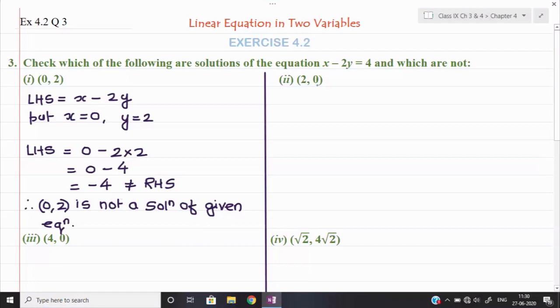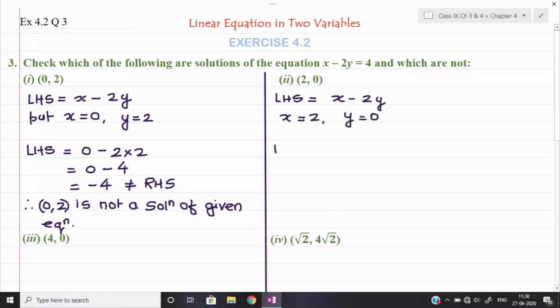Let us see the second part similarly. Here we have 2 comma 0, so I will take the value of x as 2 and y as 0. First I am taking the left hand side here also. Left hand side is x minus 2y. Now I am keeping the value of x as 2 and the value of y as 0, as per the given values.